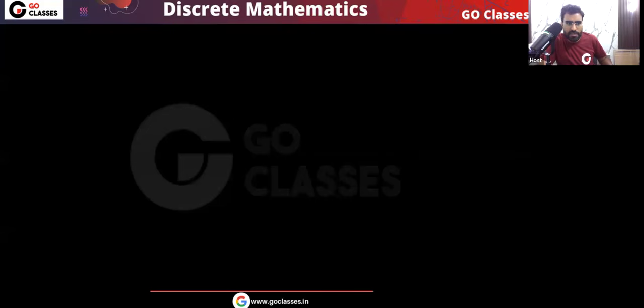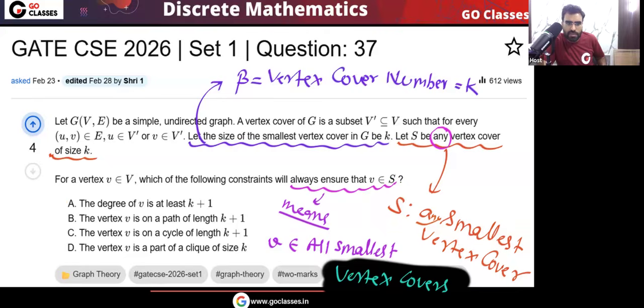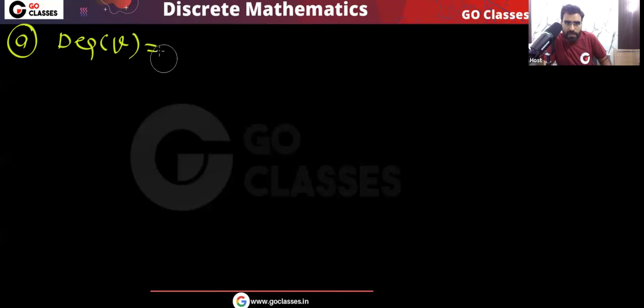Do you agree with me? See, let's see option A. Option A is saying that the degree of V is at least k plus 1. Degree of V is greater than or equal to k plus 1.